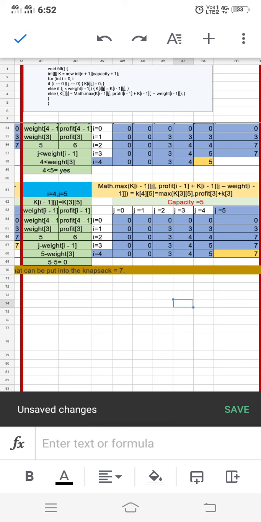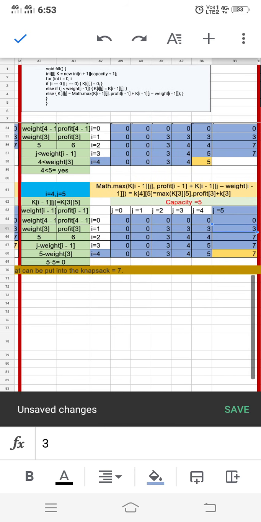Then once the j value exceeds 2, the profit remains the same, because this is the first object and previously we have not selected any other object, so there is no chance of the profit values changing. For j is equal to 0 and j is equal to 1, the values remain 0 as previous.